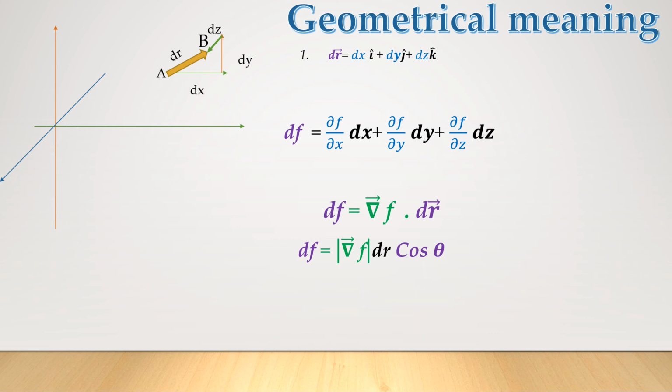Therefore, now I have a geometrical meaning independent of coordinates: the magnitude of the gradient gives the maximum rate of change at that point. If I move along any other direction, then the rate of change will be smaller. If I move a constant distance from this point in any other direction, I will have less change. If I move along the gradient direction only, I will have maximum change in the field.